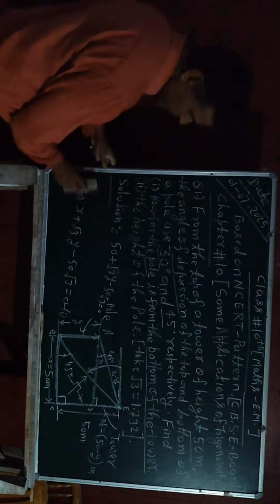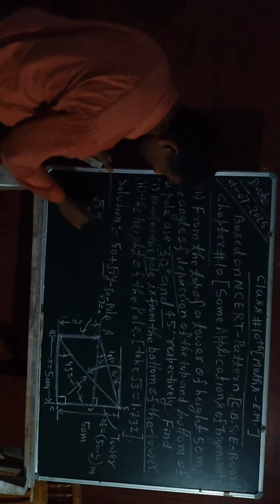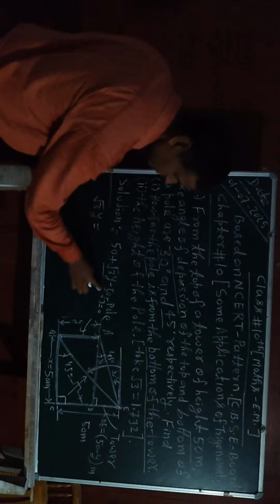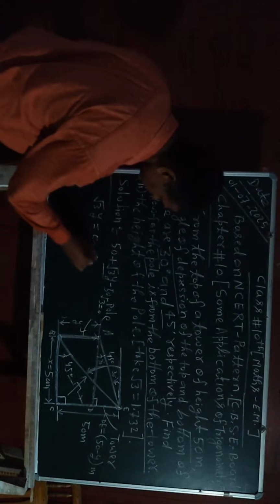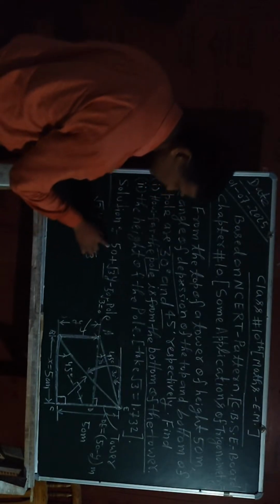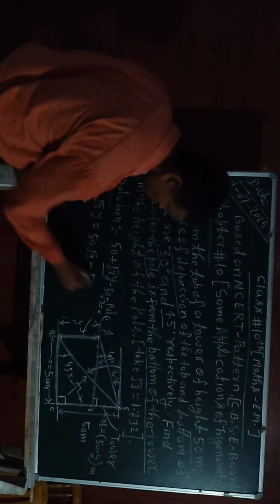Okay. Now further I will also simplify. After simplifying I can write root 3 y, which is equal to: this minus sign goes to the right hand side and will become plus root 3, and this plus sign goes to the right hand side and will be minus 250. Okay, student.